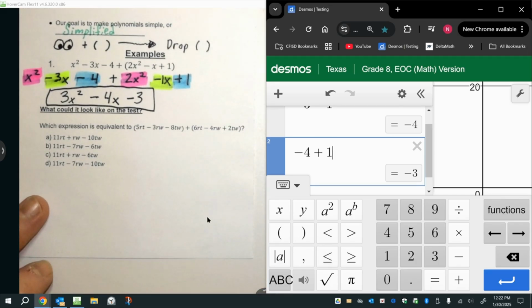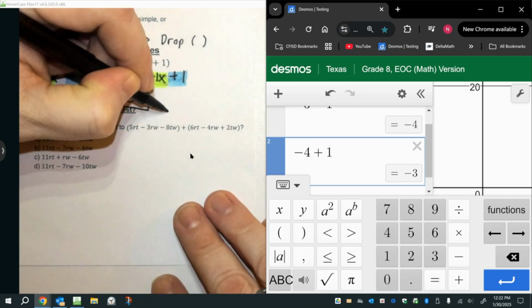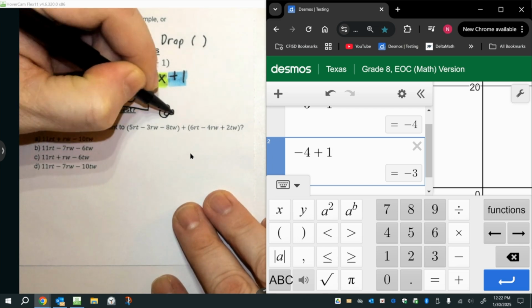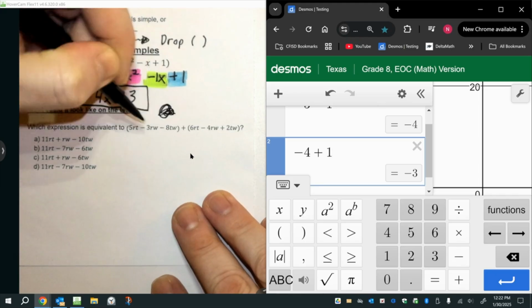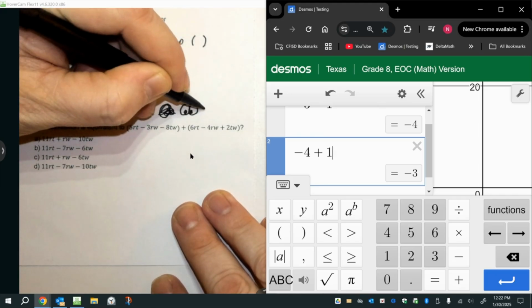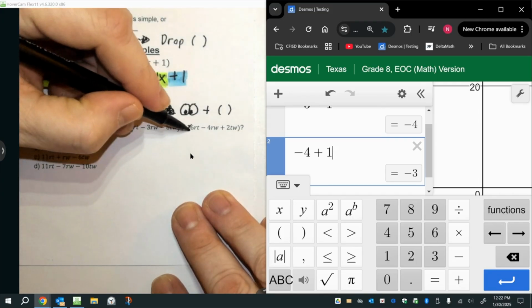This is what it would look like on a test. In fact, this was a STAAR test question, and it said, what expression is equivalent to this? Since I have a plus sign with parentheses, just make them go away.